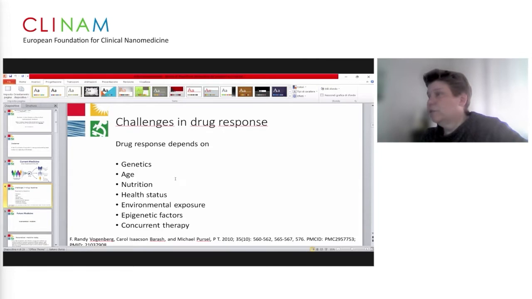Then age is influencing the response to drug, specific nutrition, health status, comorbidities, environmental exposures, and environmental could also be life circumstances. For example, smoking is identified as a factor strongly influencing the outcome of chemotherapy. Then there are some epigenetic factors and other therapies.